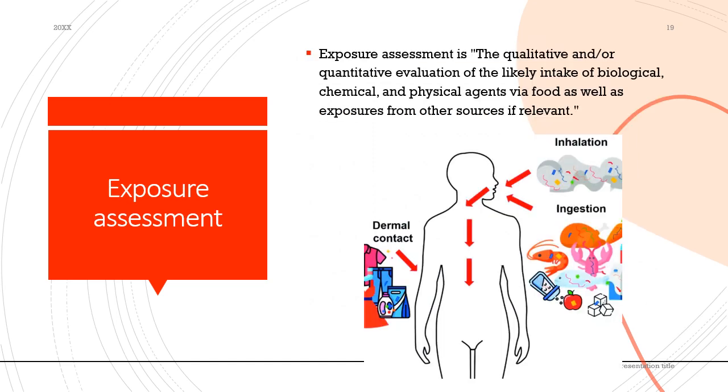The exposure assessment is the qualitative and the quantitative evaluation of whether the biological or physical agents affect or not. These figures show that there are three routes of exposure in the human. The main routes are inhalation, by your breathing; ingestion, by your eating; and dermal, by your contact.